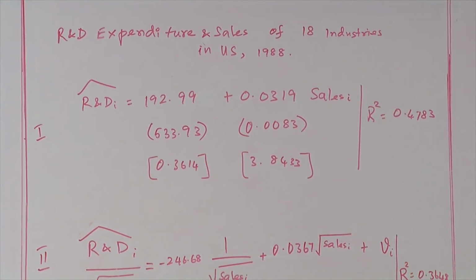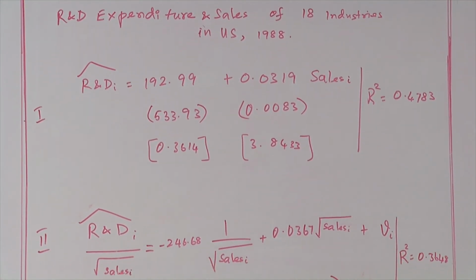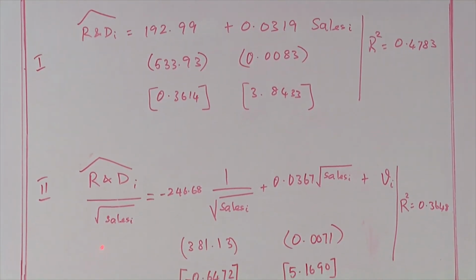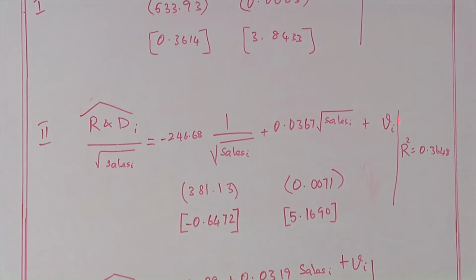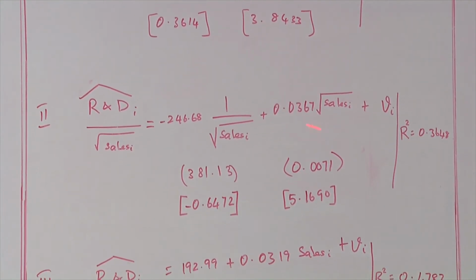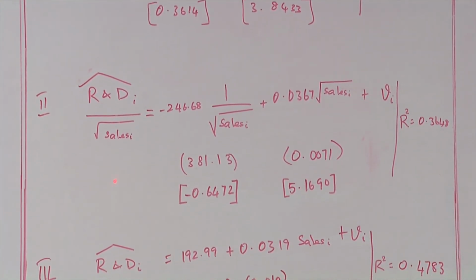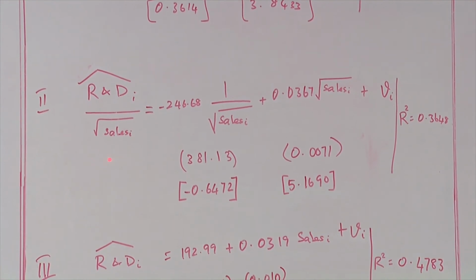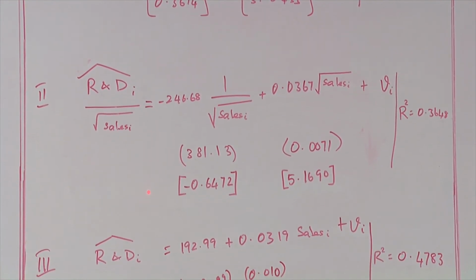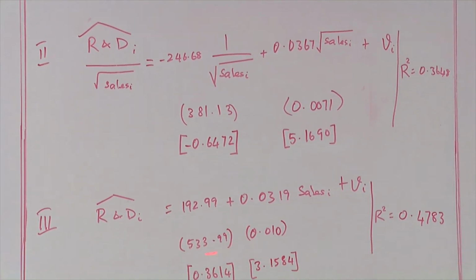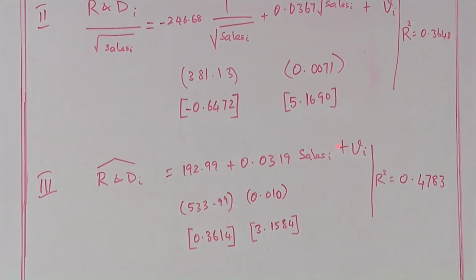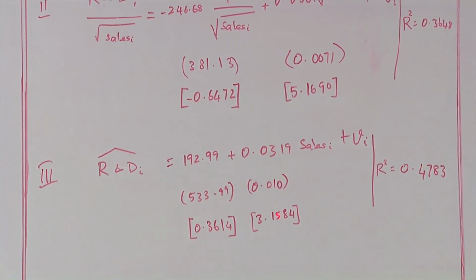We just divided the entire equation by the square root of sales, and that model has yielded the GLS results, the generalized least squares results. And the third one is the third equation. Actually, the usual regression is run, but with the corrected standard error computed for this model.